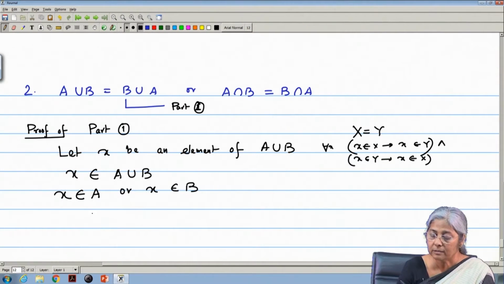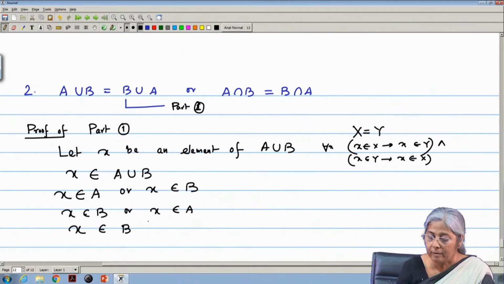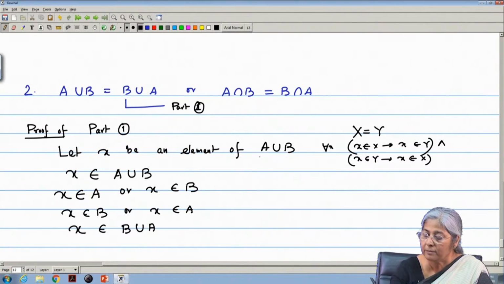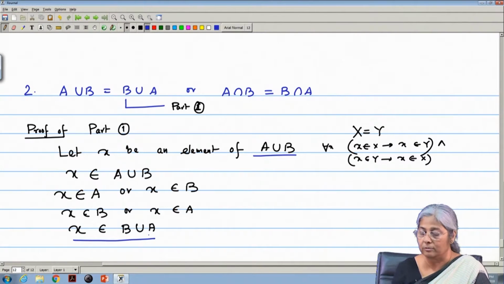So, I can write that x belongs to B or x belongs to A, that means x belongs to B union A. That means if x is an element of A union B, I have shown that x belongs to B union A also.